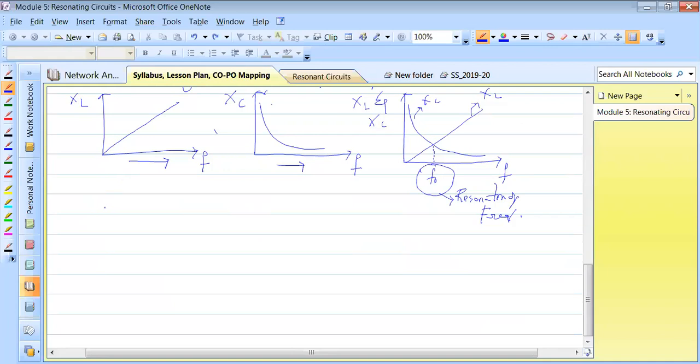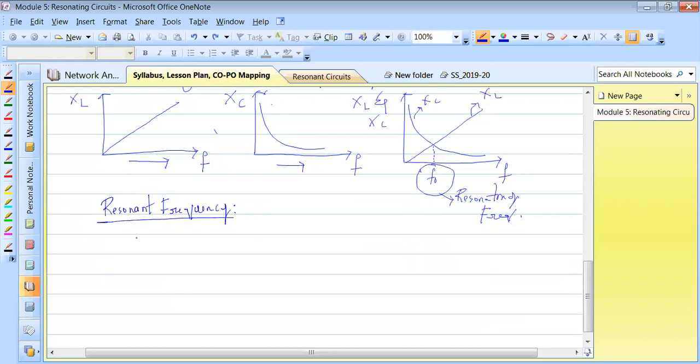Let's see here. Now let's understand resonant frequency, and try to see this in more detail.